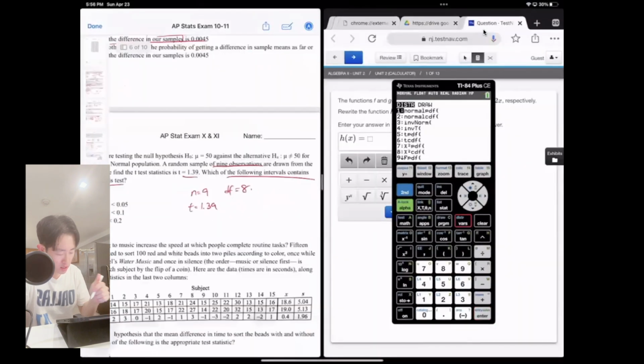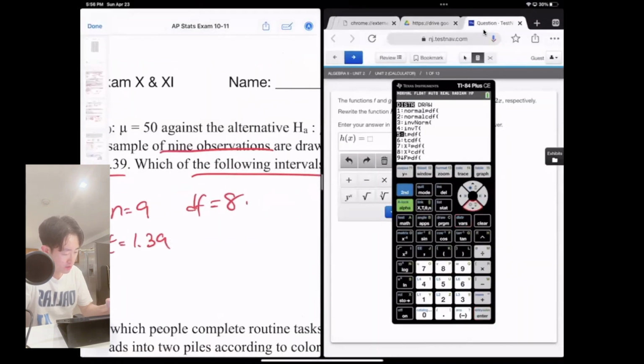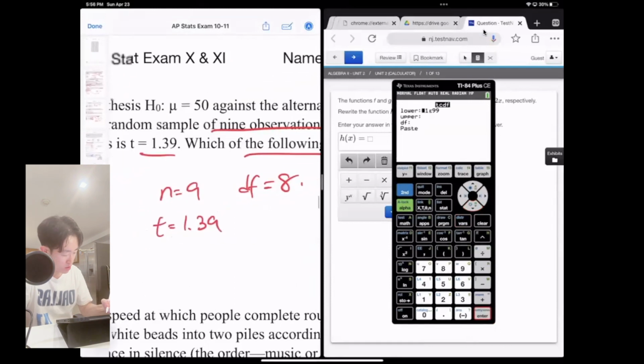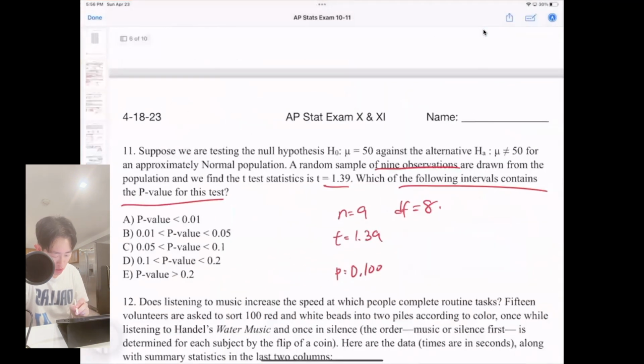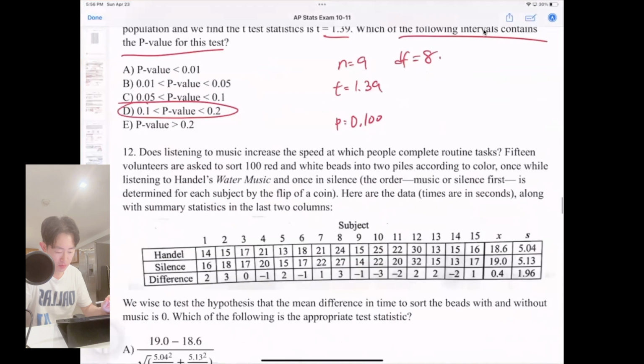So second VARS, and then we're going to do tcdf with 1.39, and for the upper value, we can just put a bunch of 9s in there, with degrees of freedom 8, and it calculates about 0.10. So our p-value is somewhere between 0.1 and 0.2. So number 11 here should be D.